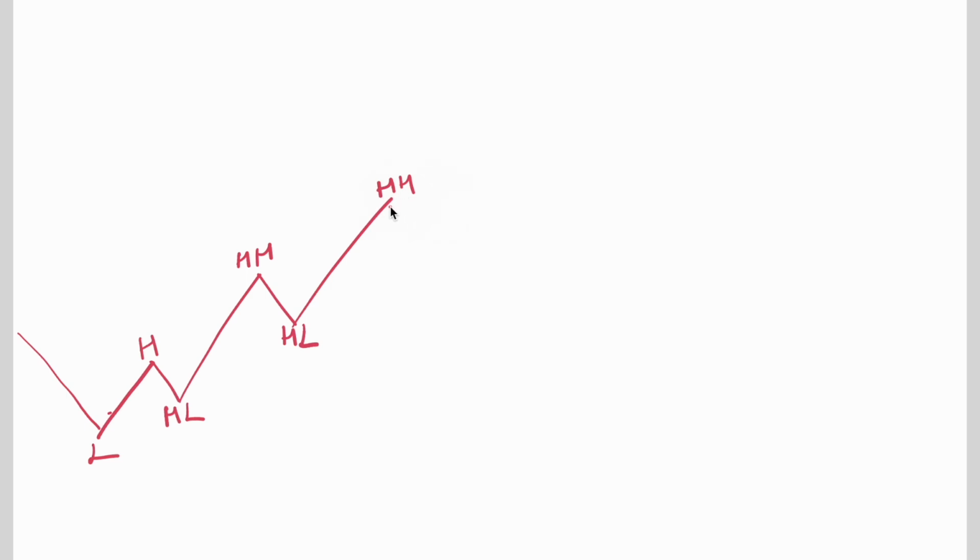Now assume that the market moves down like this. So now this low is still higher than this low, so this will be a higher low. This high is lower than this high, so this becomes the lower high, and this low is now lower than this low.